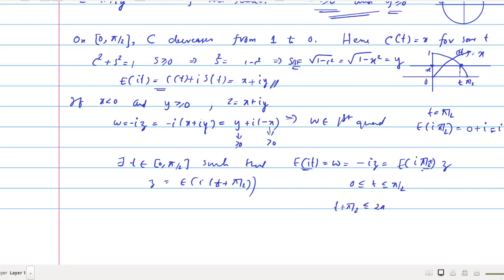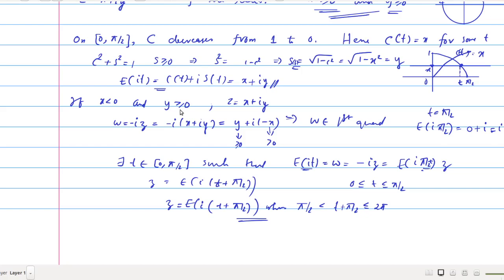When you add pi by 2 to this interval, t plus pi by 2 lies between pi by 2 and pi. So for any z satisfying this, you can get e to the power i times t plus pi by 2, where t plus pi by 2 satisfies this condition. Okay, so this proves the second part.